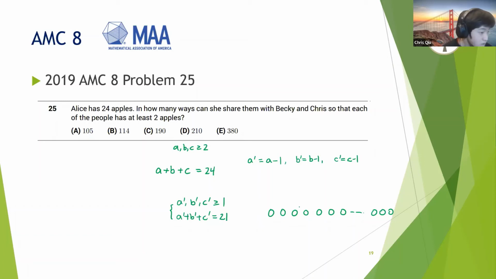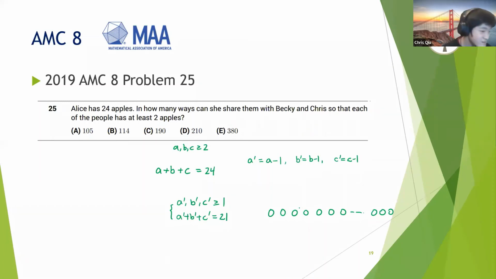So we're going to insert 2 bars or sticks into this row of stones.